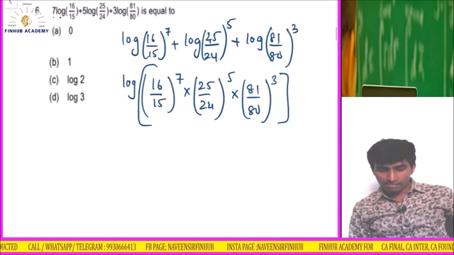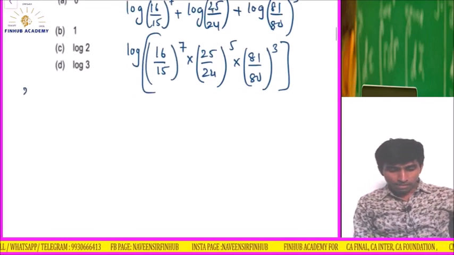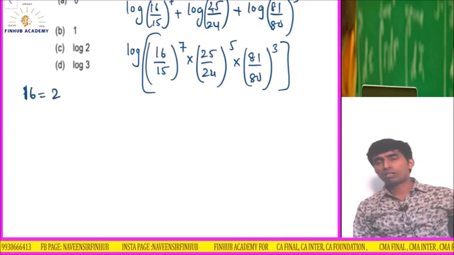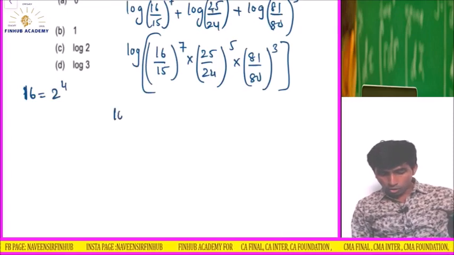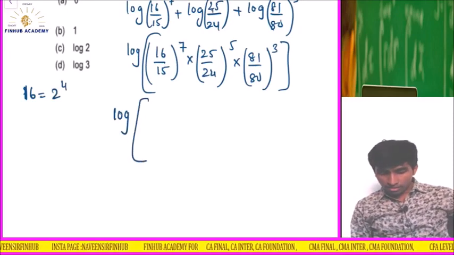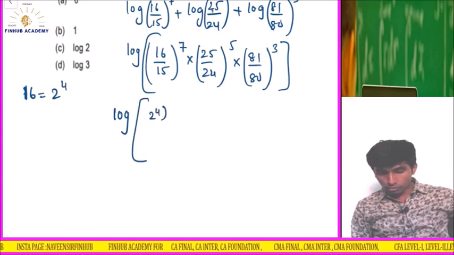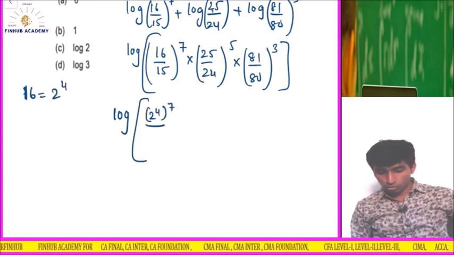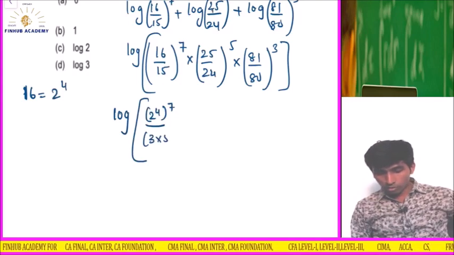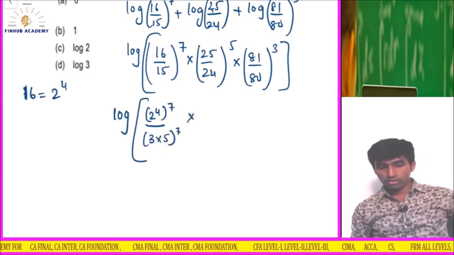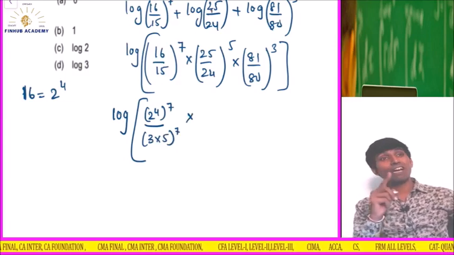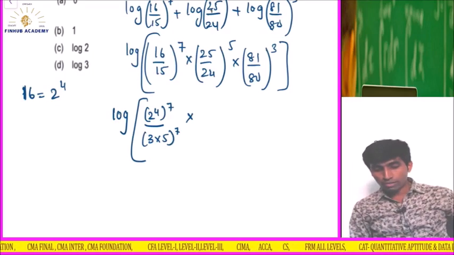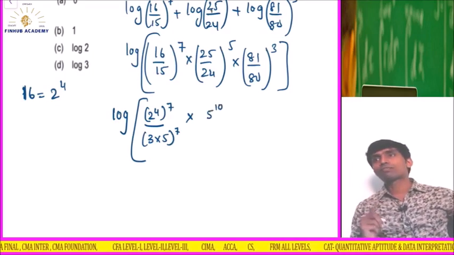So if I factorize, 16 now, 16 is what? 2 raised to how much? 4, 2 raised to 4. So what I will do is log, understand, 2 raised to 4 raised to 7 upon 15 can be written as 3 5s are 15. So 3 into 5 the whole raised to 7, into, okay, 25 can be written as 5 square, please understand, 5 square raised to 5, which is 5 raised to 10.